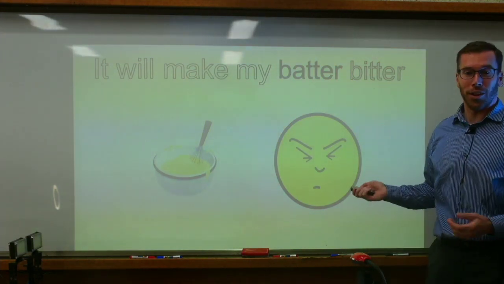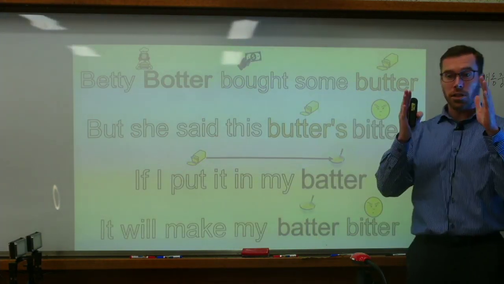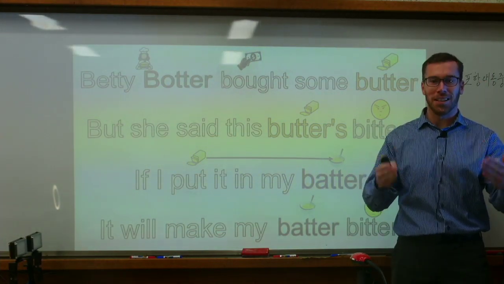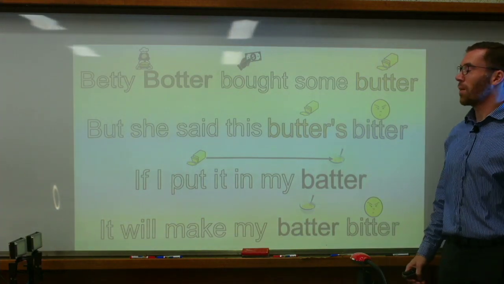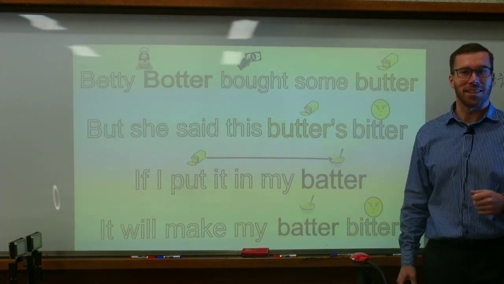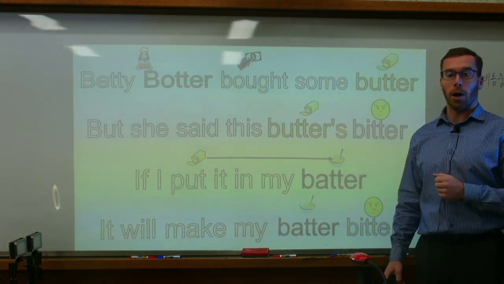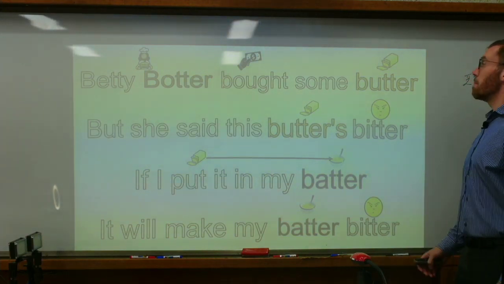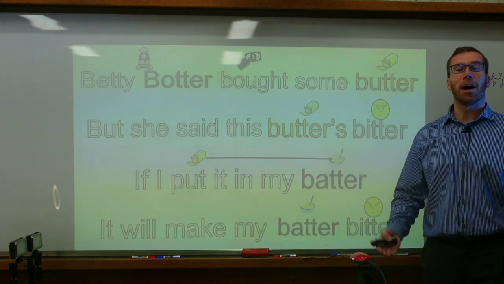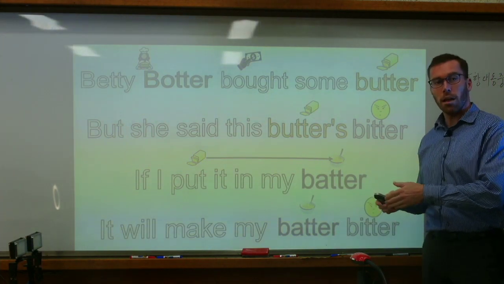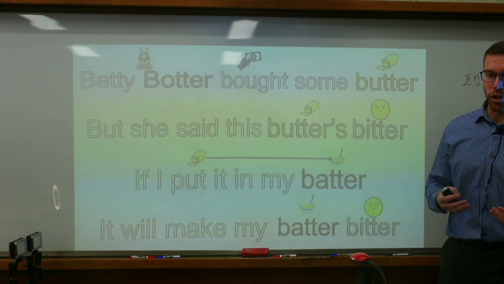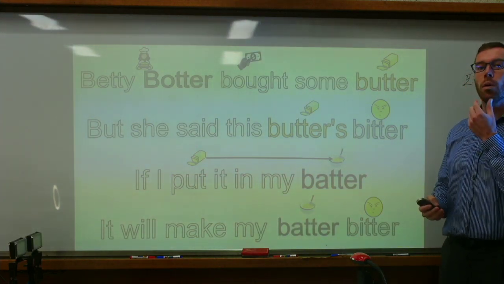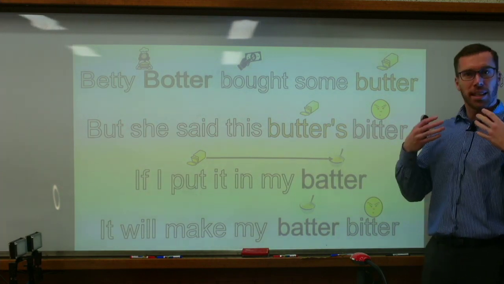Let's try the whole thing. Let's start slow and then get a little bit faster. Okay? So let's practice. Betty Botter bought some butter. But she said, this butter's bitter. If I put it in my batter, it will make my batter bitter. Right? Really practice sounding the same.